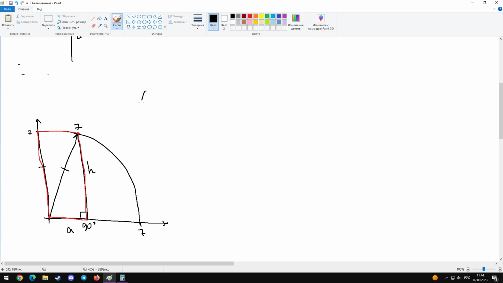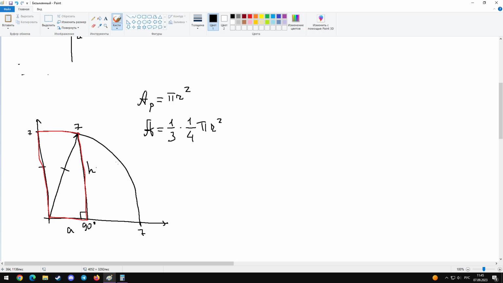So the area of the pizza equals pi r squared. So the area of the red segment, let's say just A, equals 1/3 times 1/4 of pi r squared.